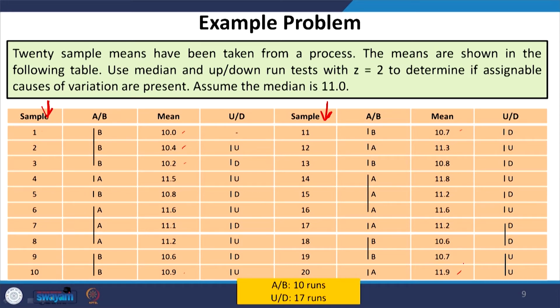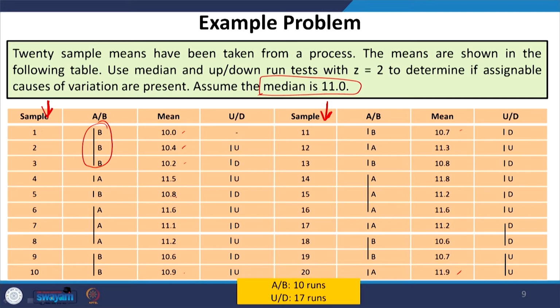In this particular case the median value is given as 11. So, you first see that 10 is less than 11, 10.4 is less than 11, 10.2 is less than 11. So, all these are B's.